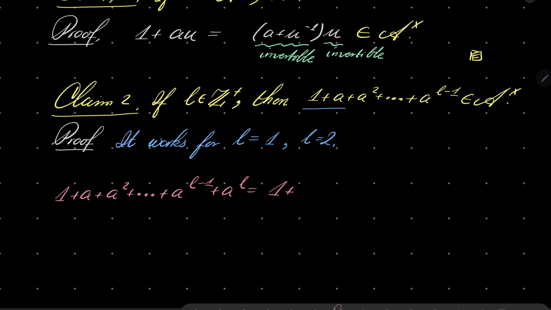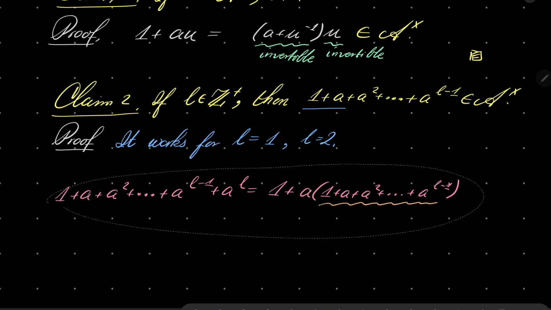It's 1 plus a times the sum 1 plus a squared, but this time just to a to the power L minus 1. Is it right? It is. Alright, and now this is invertible by assumption.